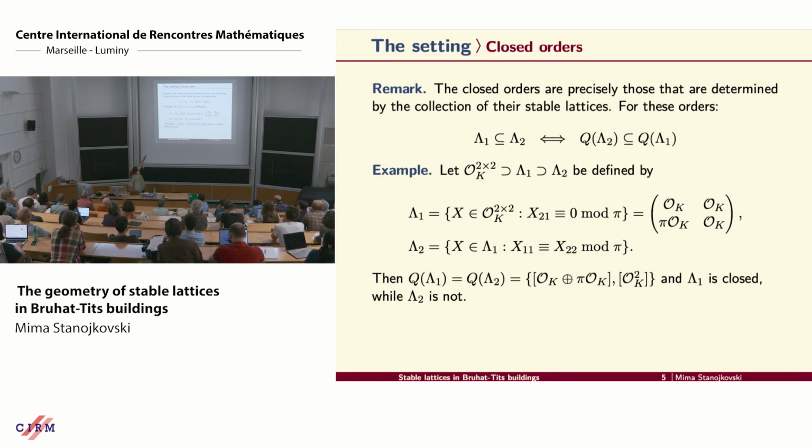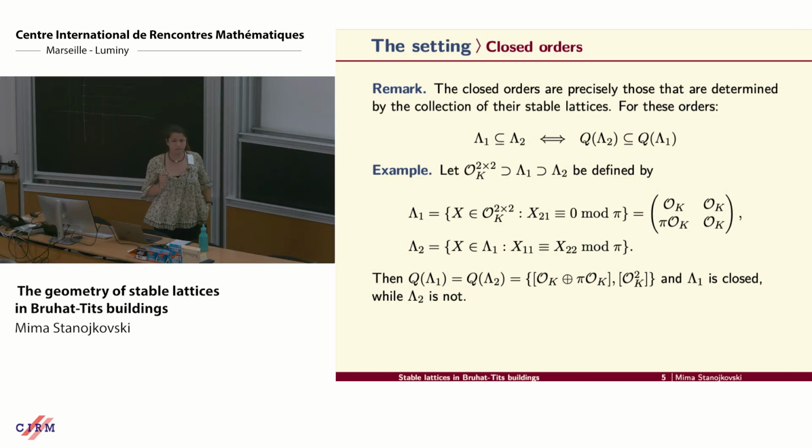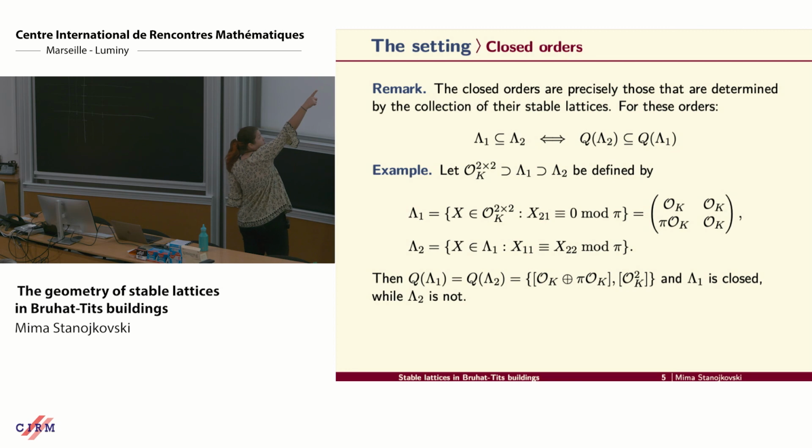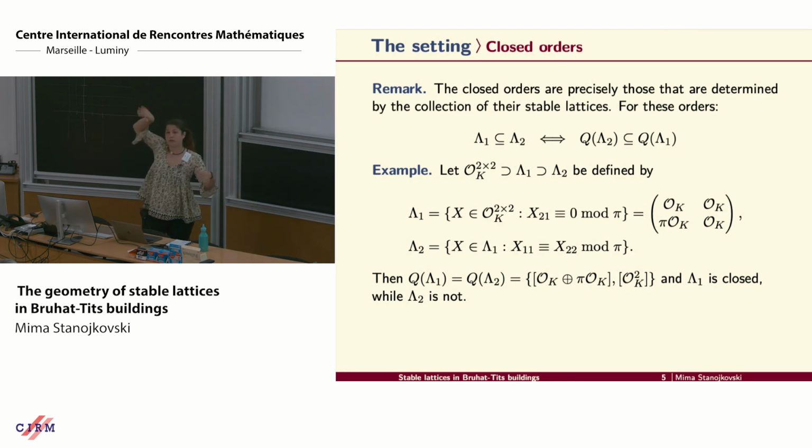And now we can define an order Lambda 2 contained in Lambda 1, on which we add additional equivalence relations on the diagonal. So we also ask that the 1,1 entry and the 2,2 entry will be equivalent modulo the uniformizer.